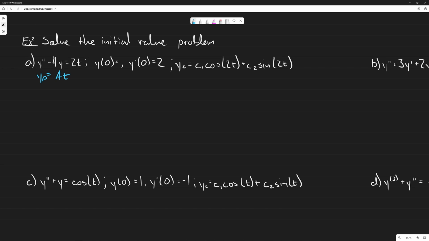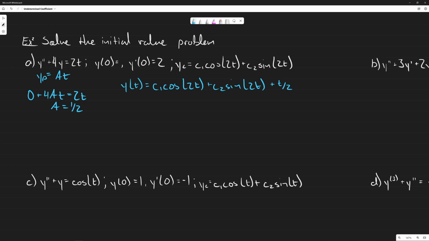So when we plug it in, we'll get 0 plus 4at is equal to 2t, or a is equal to 1/2. So our general solution will be c1 cosine of 2t plus c2 sine of 2t plus 1/2 times t, or t over 2 pretty much.